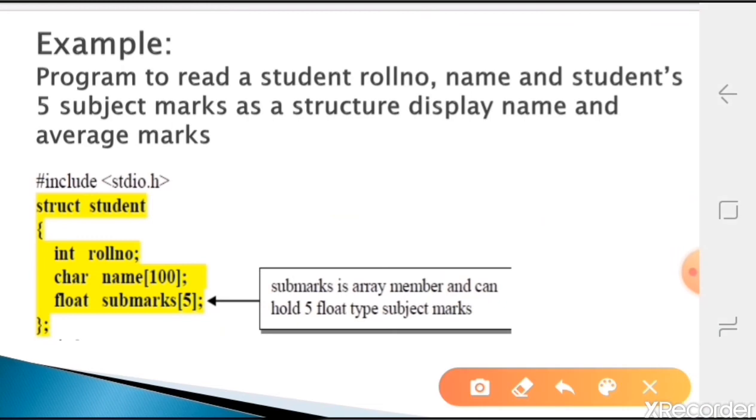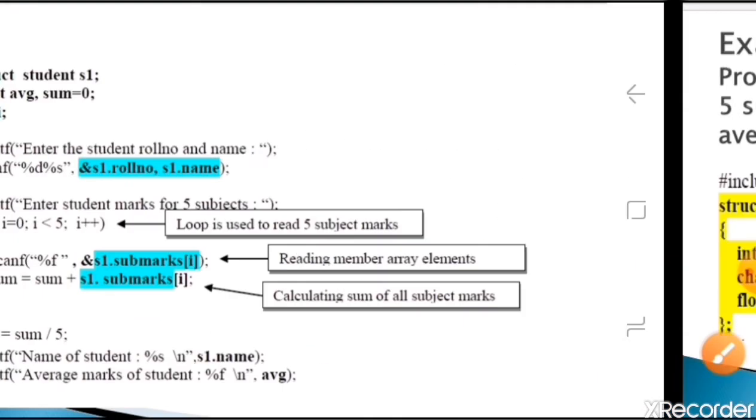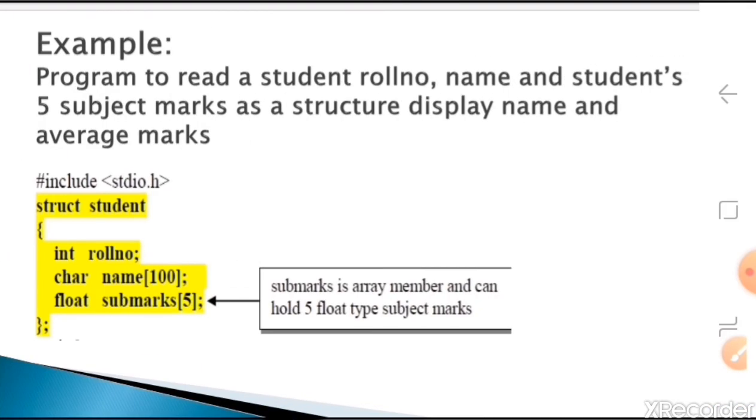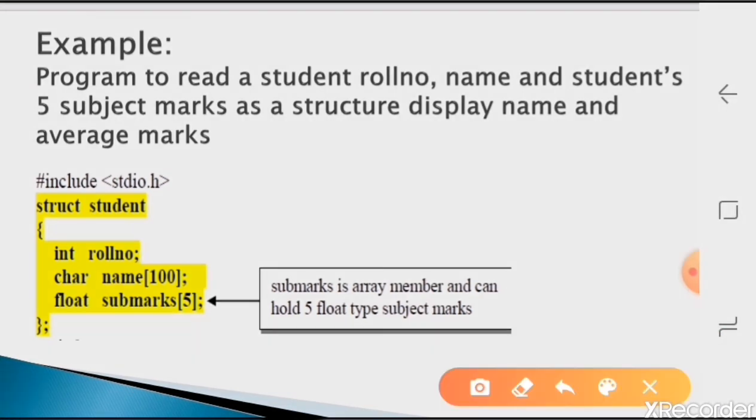Since this is an array, we use an index: s1.submarks[i]. So the 0th index, first index, second index, up to the 4th index, it reads the total 5 subject marks. The program displays the name and average marks of a student.